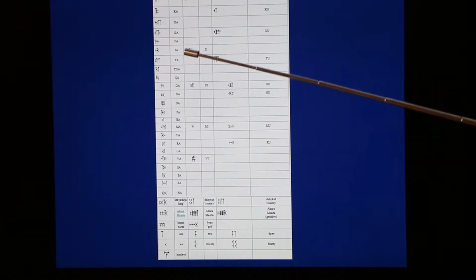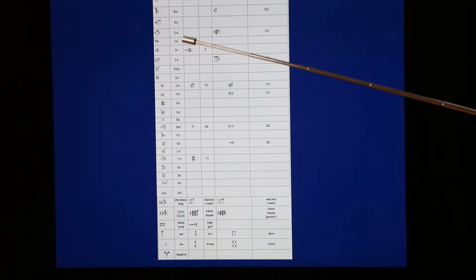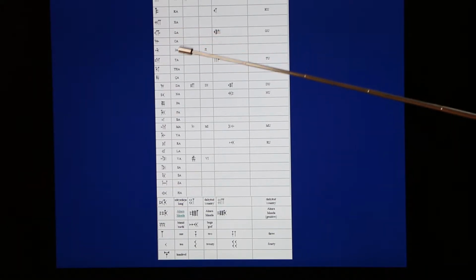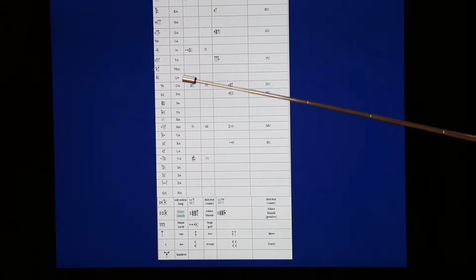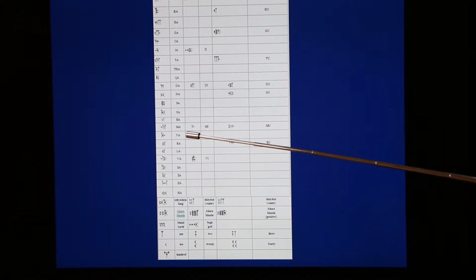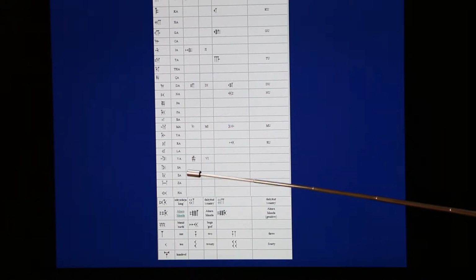Instead of saying GHA, you say GA. The ga is the same, the ka is the same, the ta varga, the pa varga, and here ya, ra, la, va, sa, ha. So it's slightly modified, but there is no doubt that this is the model of Sanskrit behind it.